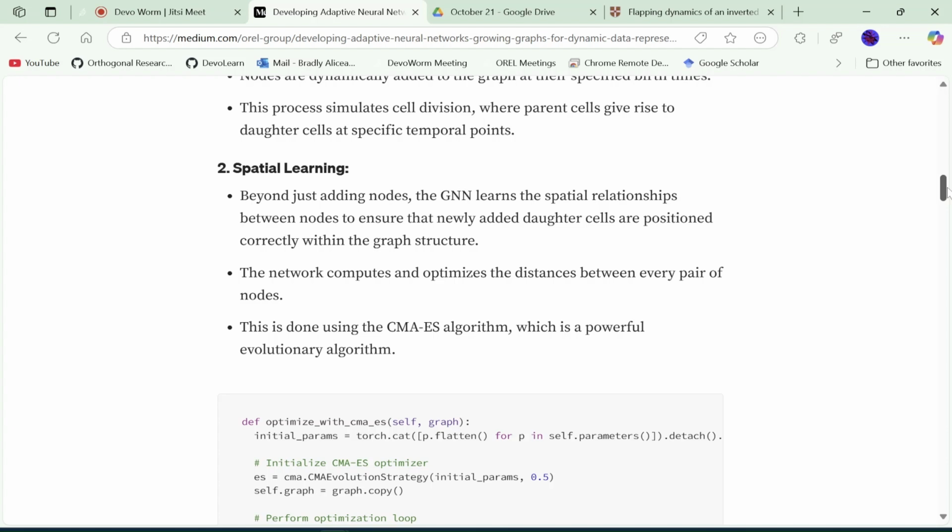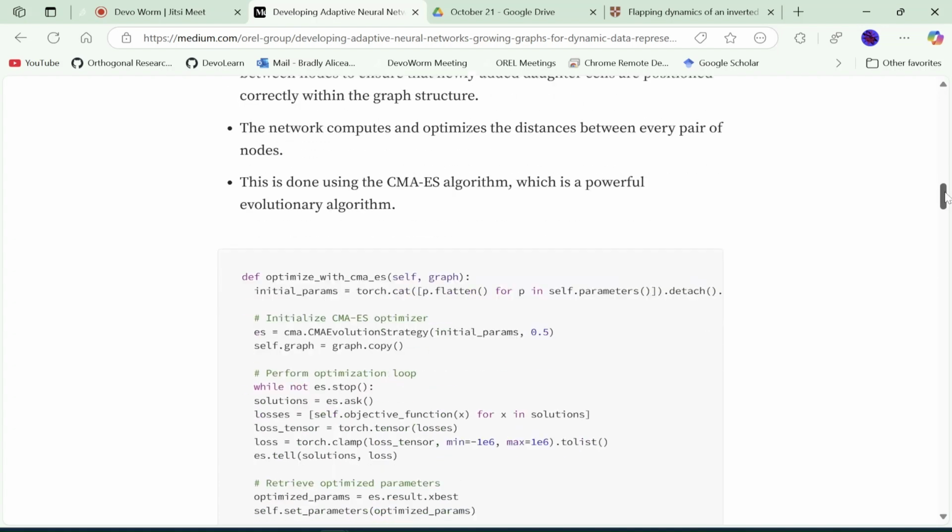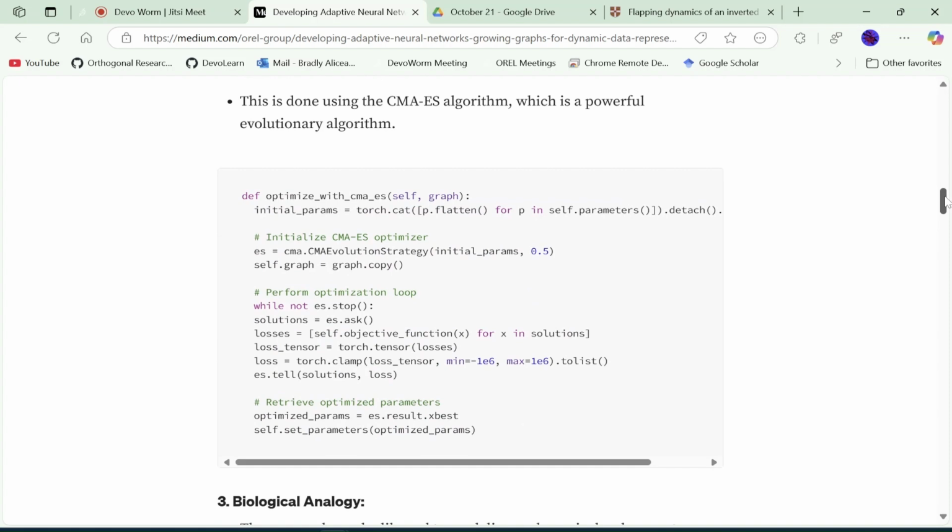using the CMA-ES algorithm. So this is an evolutionary algorithm. This was forked from a project where they were growing neural networks. And so they have this evolutionary algorithm associated with that source of the fork that walks through this optimization process.